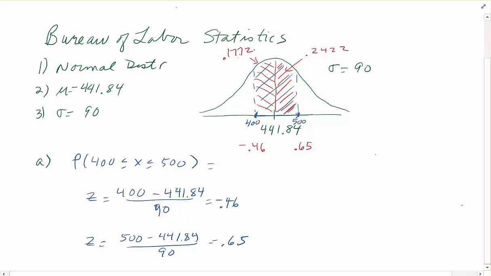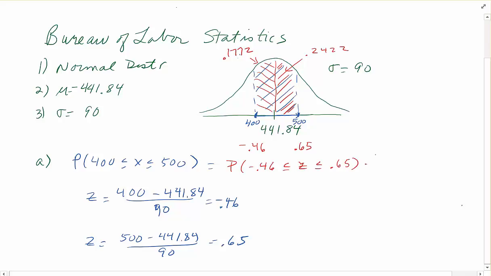So this part of the graph is 0.1772. Now to get the total area, the probability that X is between 400 and 500 is the same as the probability that Z is between negative 0.46 and 0.65.